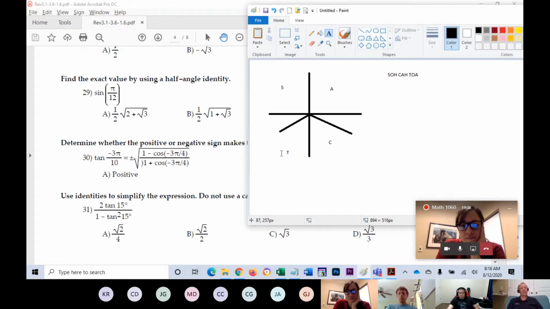Let me think about that. But this is negative, so if this is negative, 1 minus a negative makes that positive, and that should be less than 1. Positive over, yeah, that would be positive. So it would have to be positive, right? No, it's got to be negative.